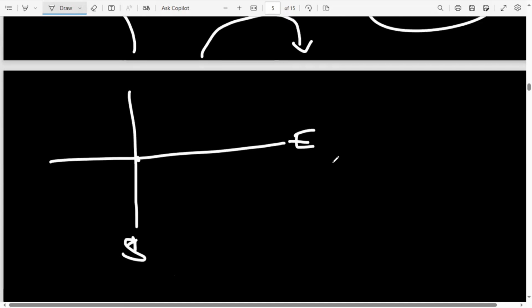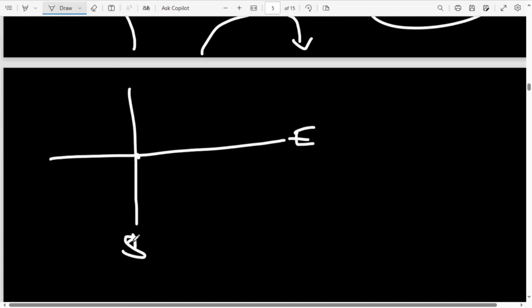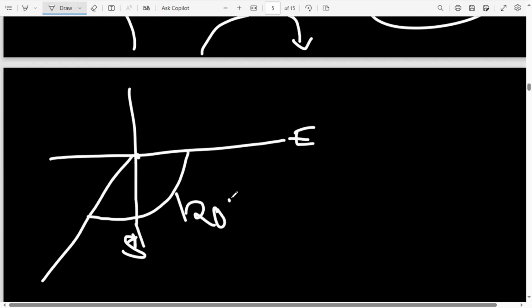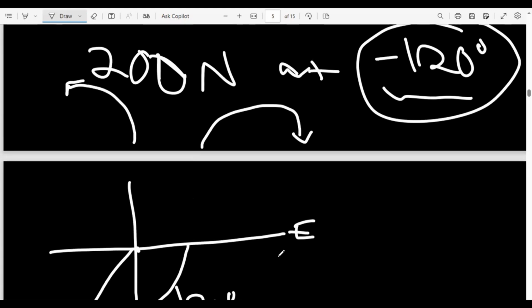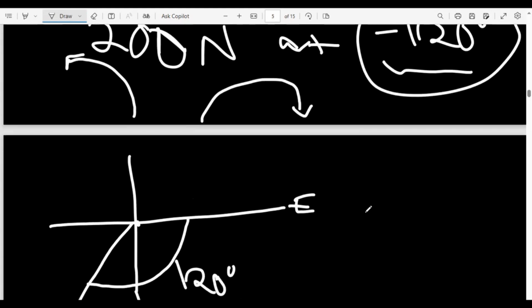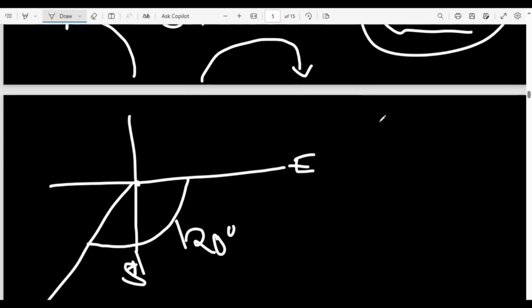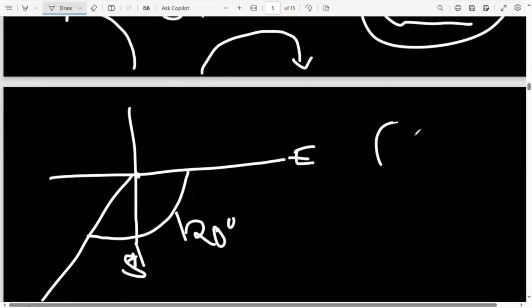So it means it surpasses this south. So it means it's somewhere there, like there. So we have this angle here being what? 120. So whenever it's a minus there, we have to move in the clockwise direction like that. So you move in this direction like this.